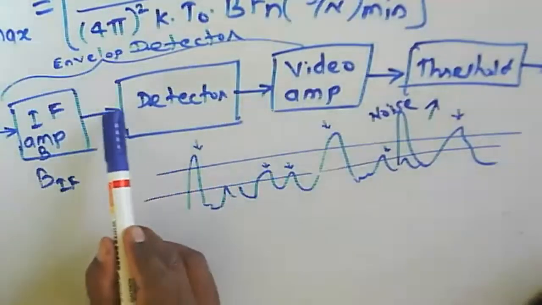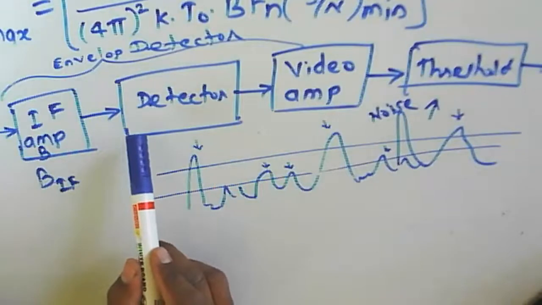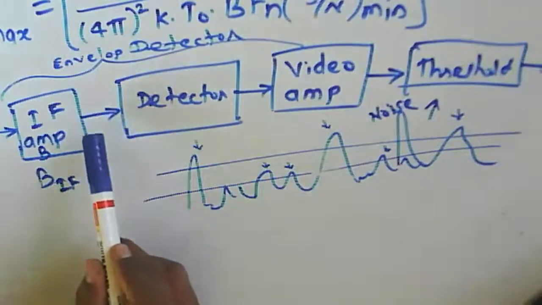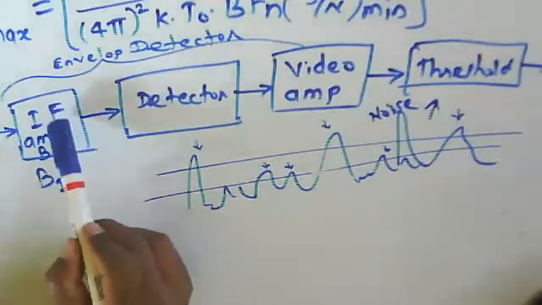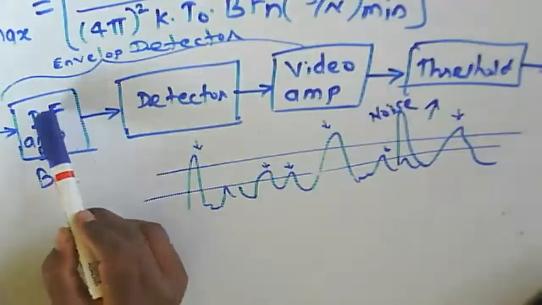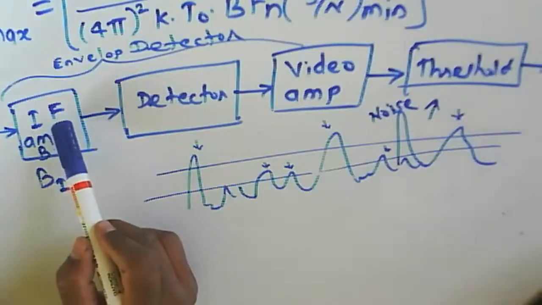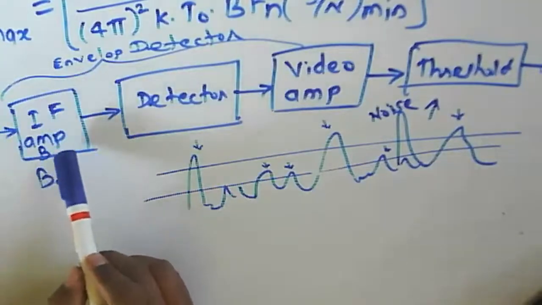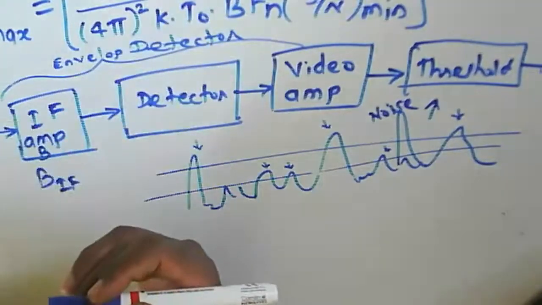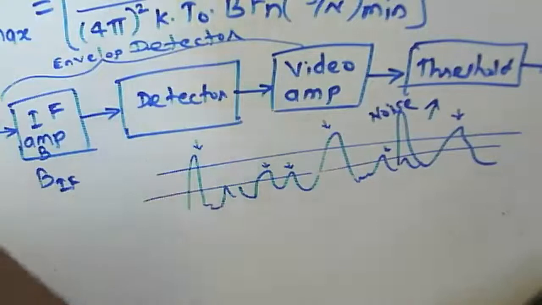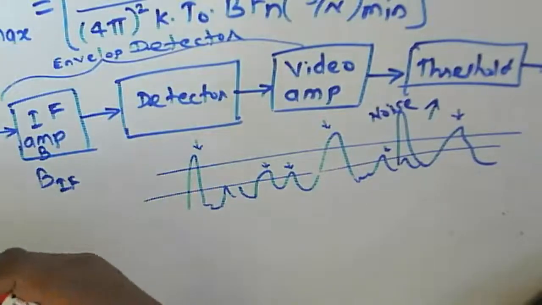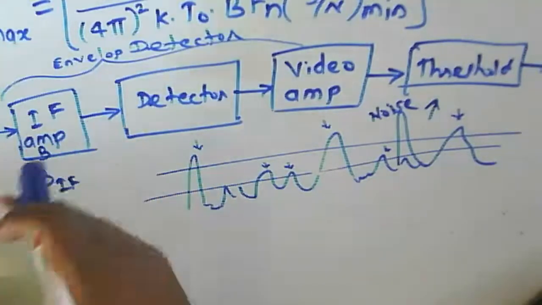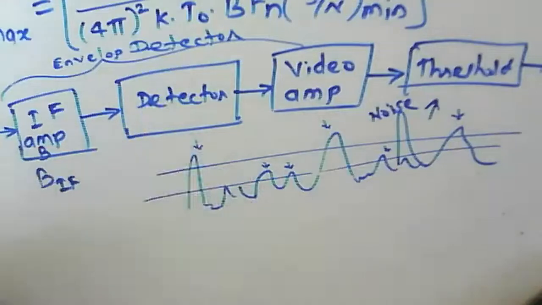In that case, we are supposed to consider the receiver noise at the input to the IF filter. This one is your IF here. This IF filter, the IF amplifier, receives the signal; if it is noise, it receives the noise, and the IF amplifies it because it is an IF amplifier.